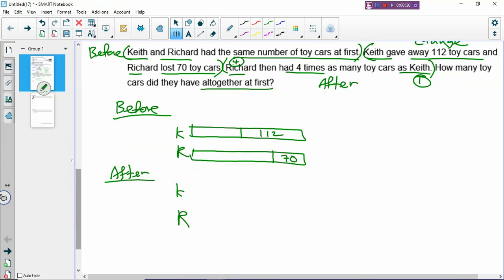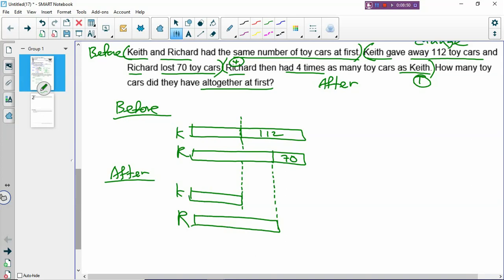For example, Keith lost 112 toy cars, so in the end you need to draw his rectangle until the dotted line. So the dotted line will help you to draw more accurately. And then Richard is going to lose 70 toy cars, and his rectangle will become shorter, which is until the dotted line. Got it? Alright, that's your before and after.